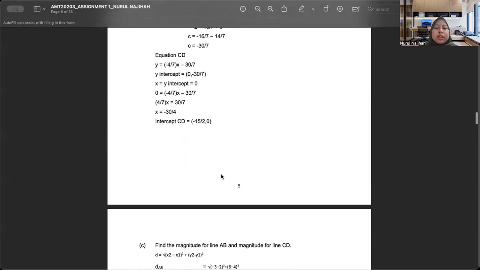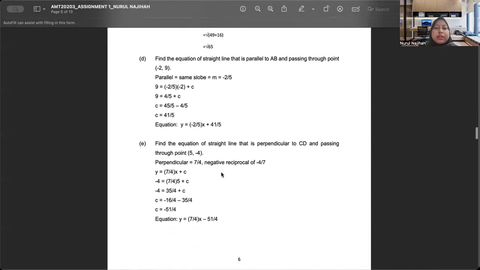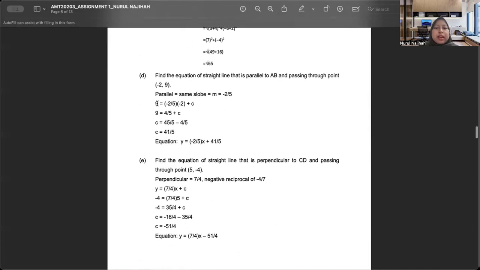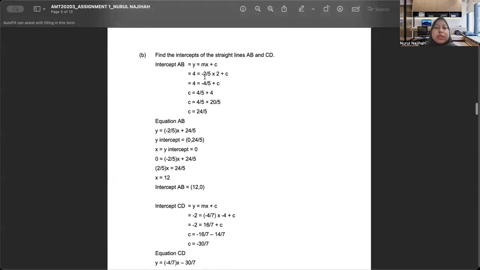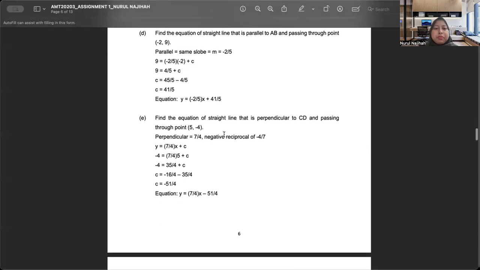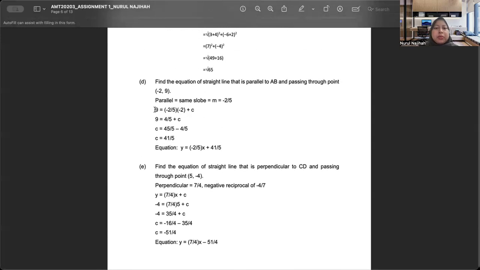So we just include it here in the question straight away, which is we just need to replace using the same method as the intercept just now, which is y equal to mx plus c. We replace the y figure, and then x, and then plus c, and then we will get the c amount, which is 41/5, after we do the equation here.